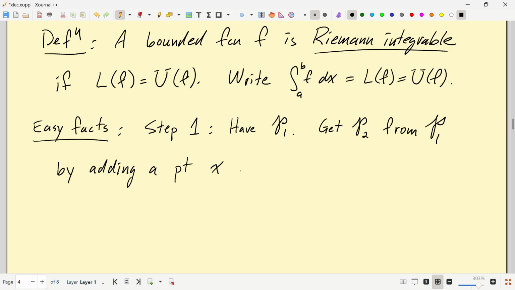Say x sub n plus a, stick one in there. Adding a point to the partition P1, a single point. I should emphasize single point.